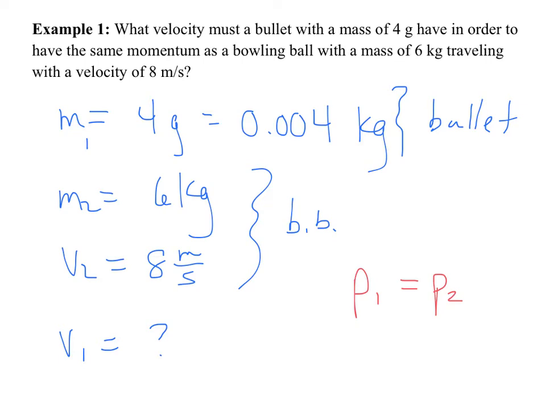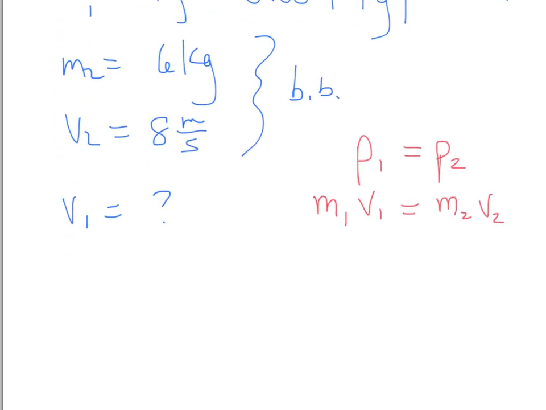This is not final and initial. Again, this is not final and initial. 1 and 2 are the objects. The momentum of object 1 is the mass of object 1 times its velocity. The momentum of object 2 is its mass times its velocity. My goal is to find out the velocity of the bullet, which is object 1.